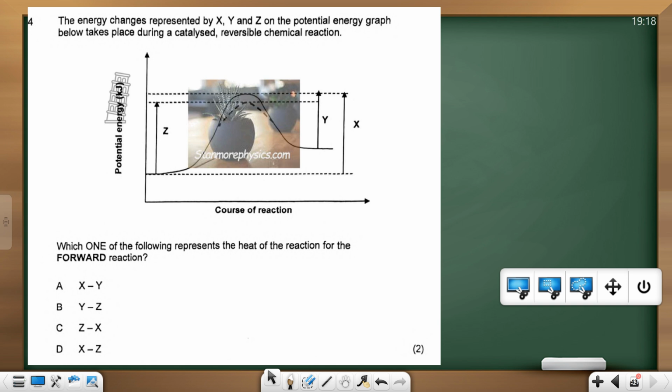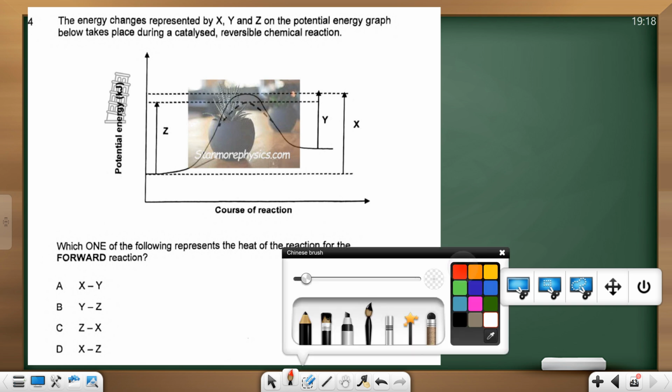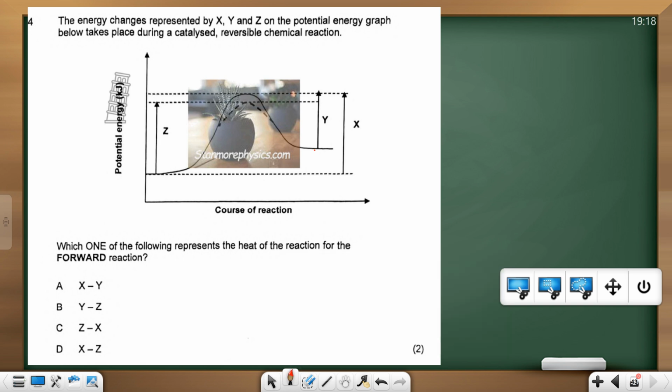Your heat of reaction is always between your products and your reactants. So basically you are looking for this. I love how they did this one. So basically, the examiners, this is X. Oh, nice.